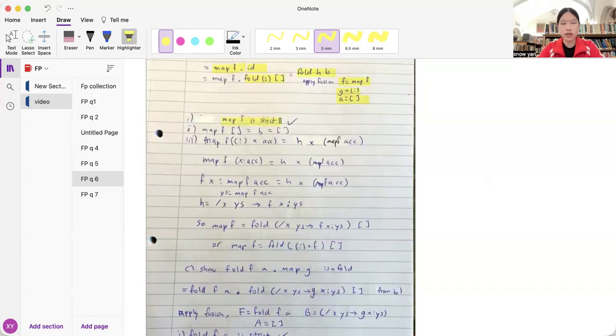Map f is strict. Yes, that's true because we have to evaluate f at every point. Map f of the empty list is just equal to b, which is the empty list.